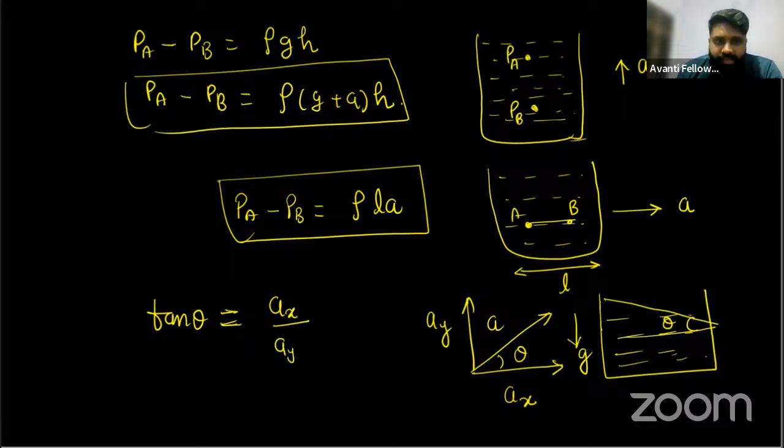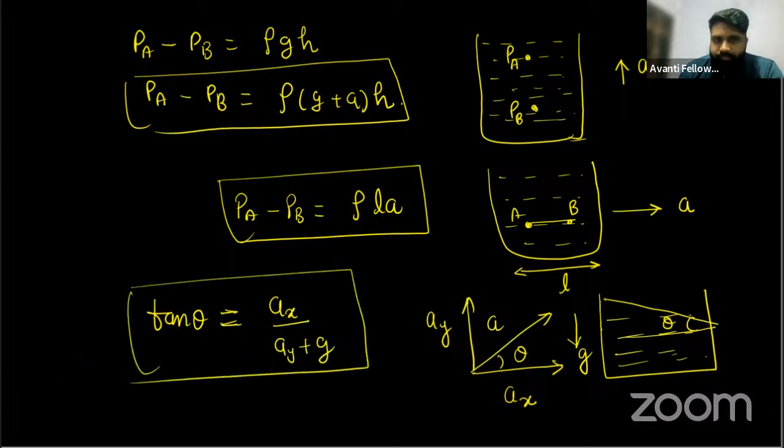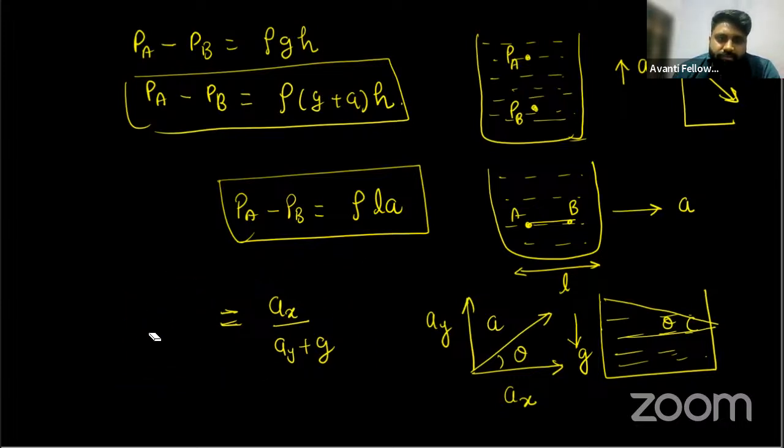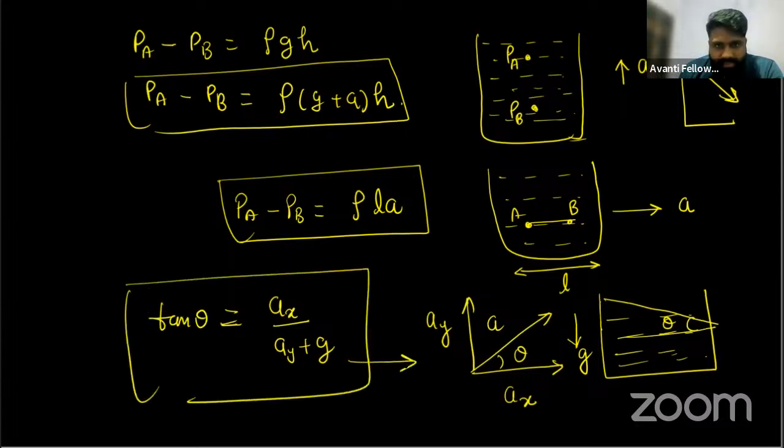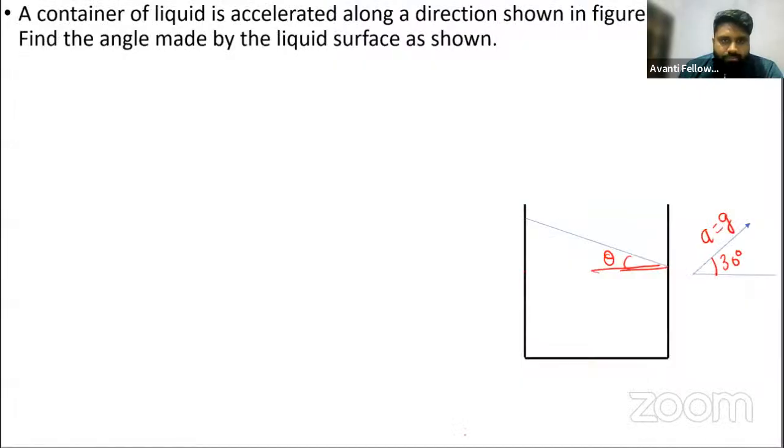So it will be AX over AY plus g. But when it is accelerating in the other direction, this will become AY minus g. Got it? This is the small concept behind it. So we will try this question now.